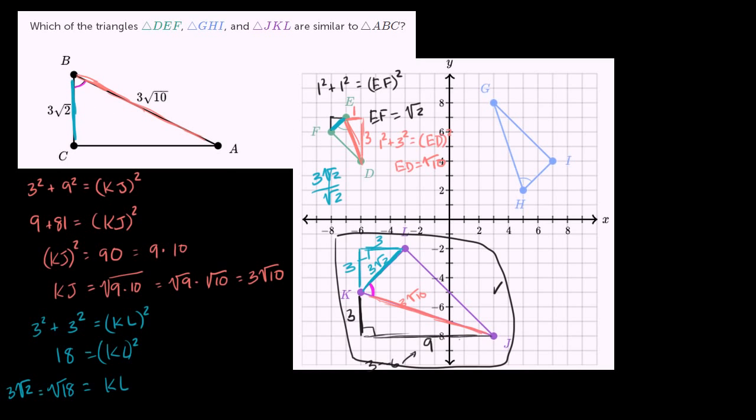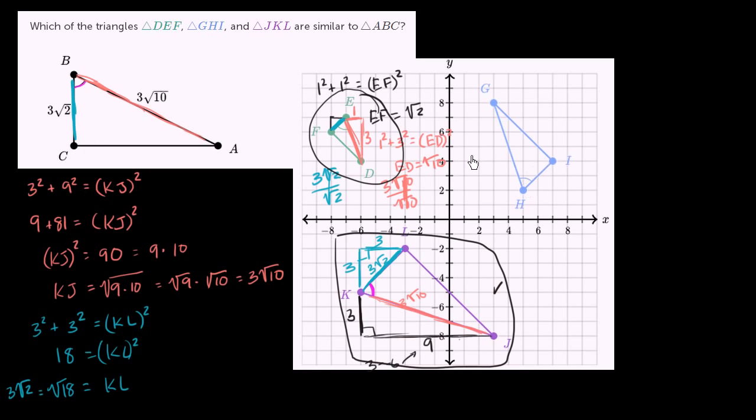The ratio between these two orange sides is 3 square roots of 10 over square root of 10, which is also 3. So the ratio between these two corresponding sides is the same. The angle in between is congruent. So these two triangles are also similar. So DEF is also similar to ABC.